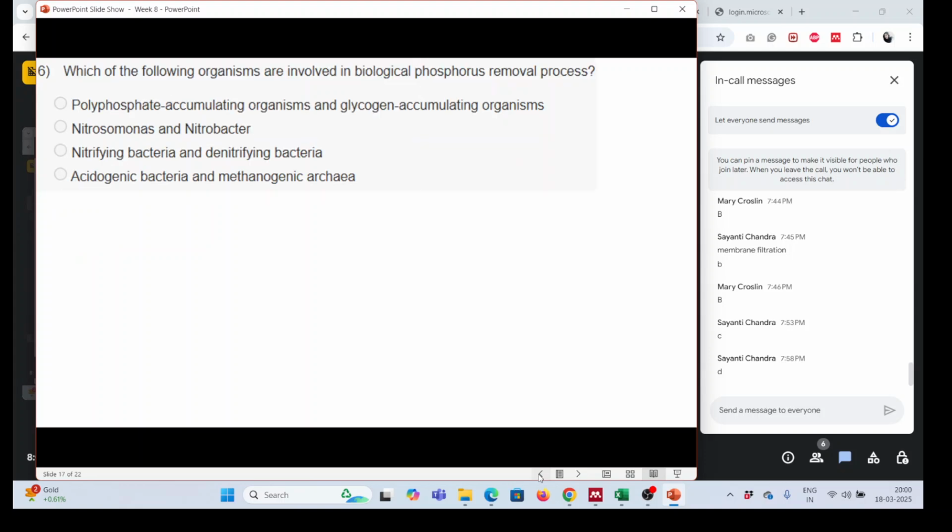The next question is, which of the following organisms are involved in the biological phosphorus removal process?